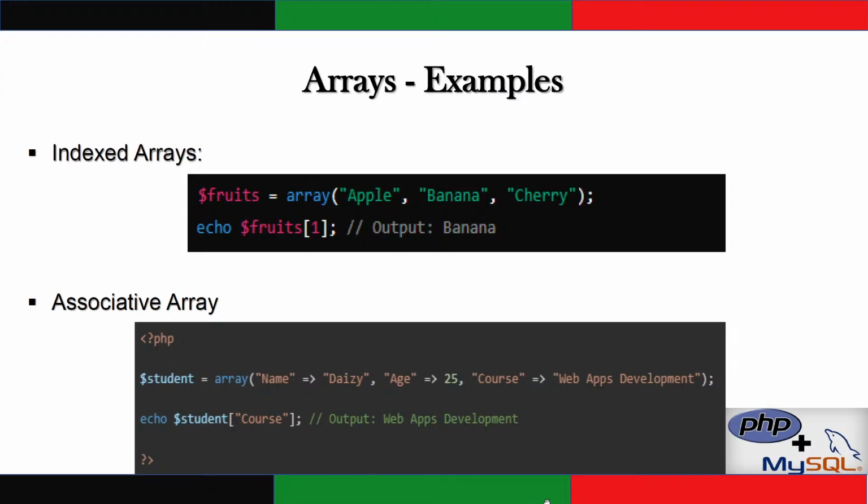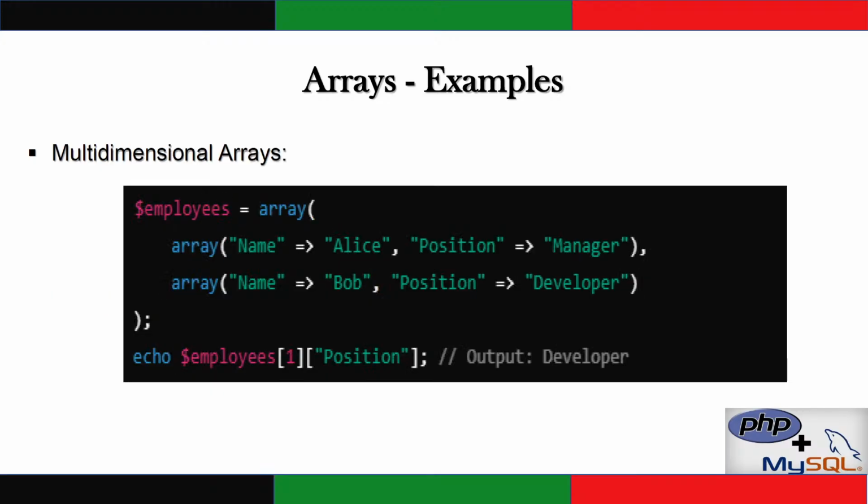Whenever you want to access an item, you just pass the name of its key, and you'll be able to access the value of that particular item. Now, if we want a multi-dimensional array, that's when we have an array inside another array. And that's how we create a multi-dimensional array.